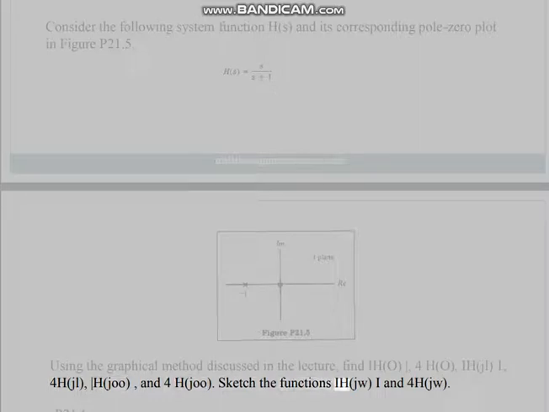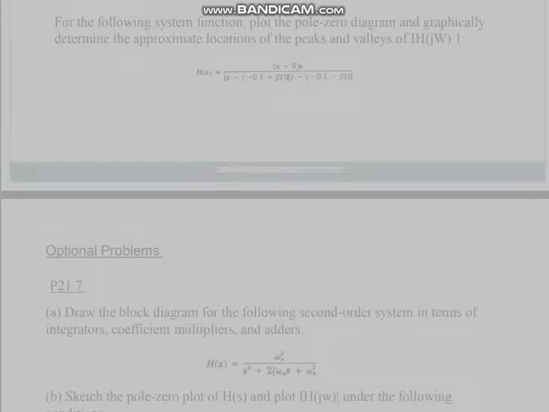Sketch the functions |H(jω)| and ∠H(jω). P21.6. For the following system function, plot the pole-zero diagram and graphically determine the approximate locations of the peaks and valleys of |H(jω)|.